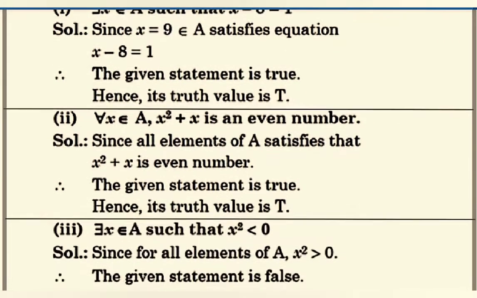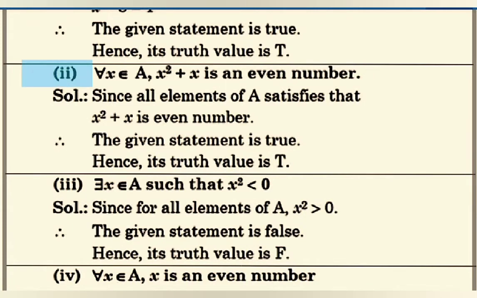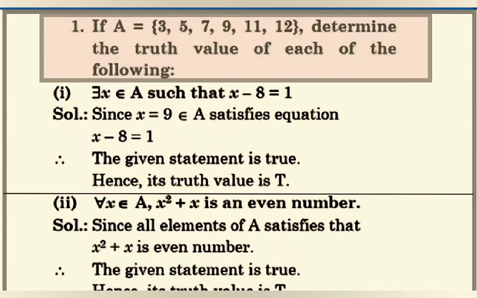Second statement given: for all, this is the symbol of for all, x belongs to A, x square plus x is an even number. For all means in the given set all elements or numbers satisfy this condition x square plus x is an even number, then we can say that the statement is true.